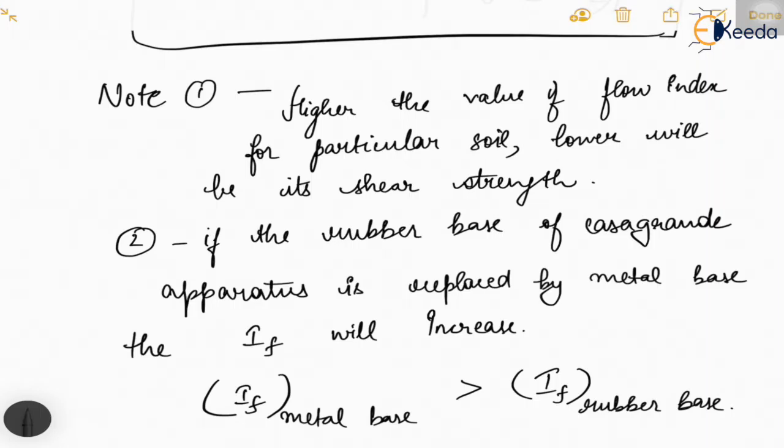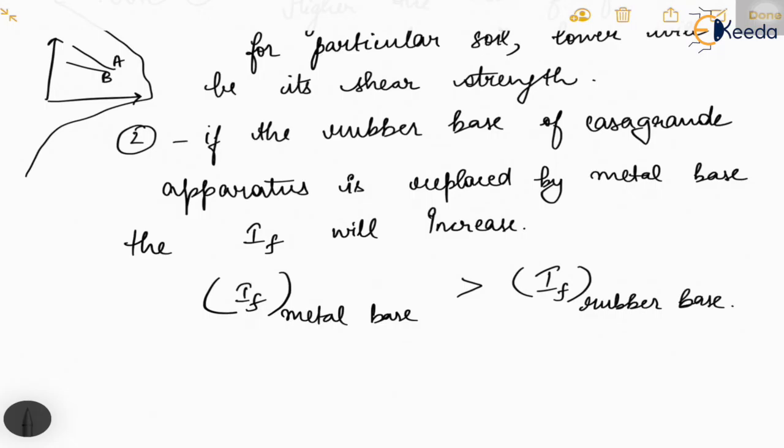They can also give you a diagram like this, in which they might give you two different soils, let us say soil A and soil B, and question your knowledge as to which soil has a higher value of flow index and which soil has a higher value of shear strength. So you must be able to answer this type of problem using this theory.